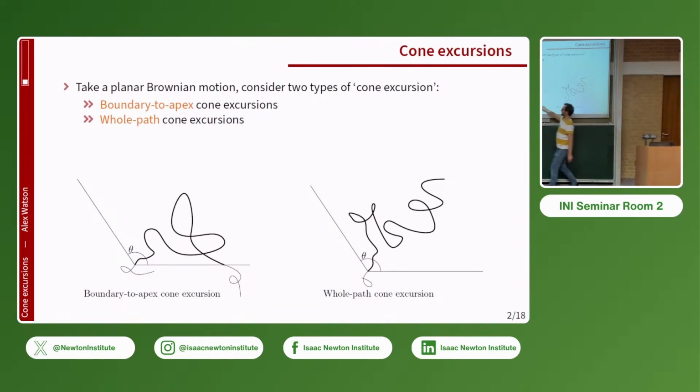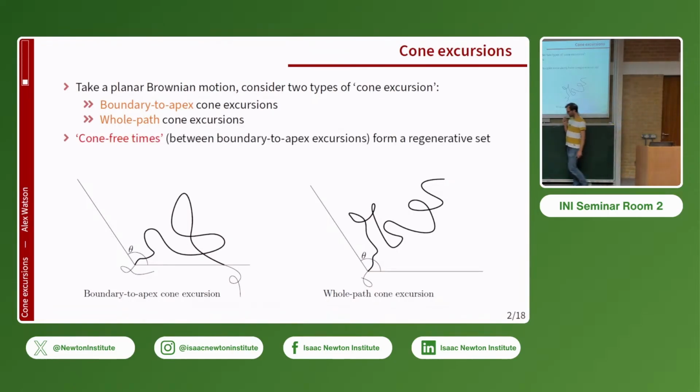So here, the entire path is contained inside this cone. And again, same deal here, the actual positioning of the cone is random and depends on the path of the Brownian motion.